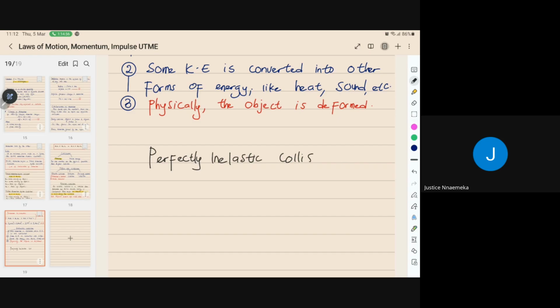Then we go to problem solving. So this occurs when the objects stick together, right?